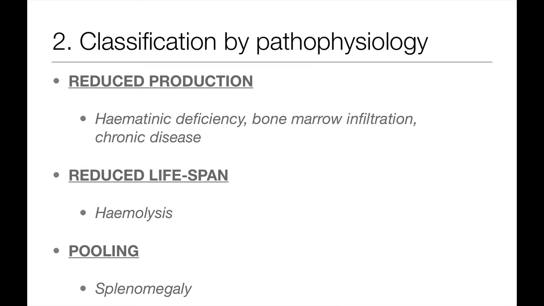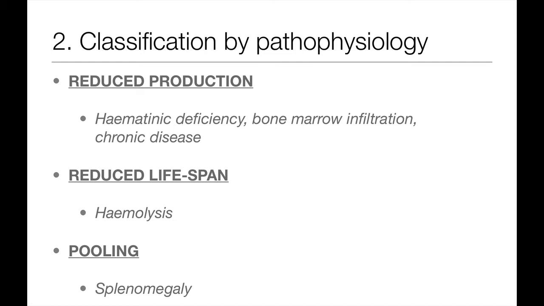For the purposes of this clinical pathology podcast, on the other hand, I want to consider things from a little bit more of a pathophysiological point of view. So I want to look at anemia in terms of anemia due to reduced production of red cells. That could be because, say, some of the nutrients that are needed to produce red cells are not available, or because perhaps the machinery that's producing the red cells is in some way disturbed.